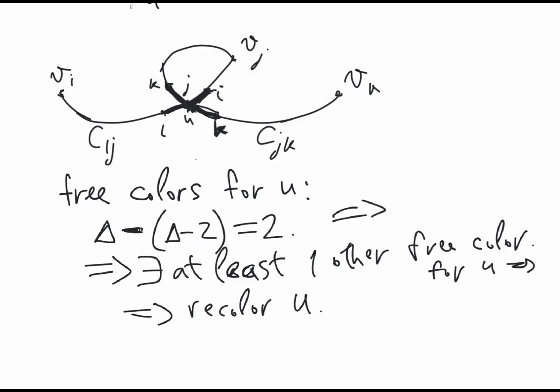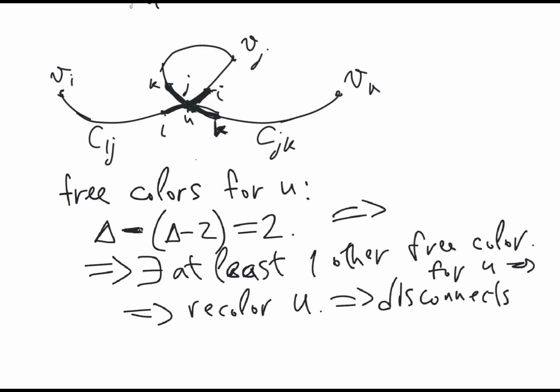the vertex U, and what happens is that this disconnects both of these paths.